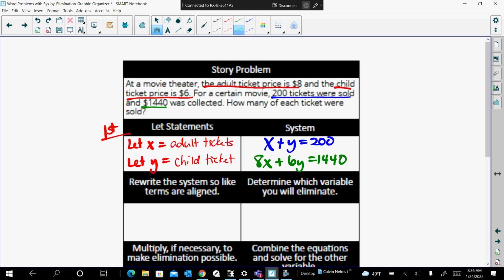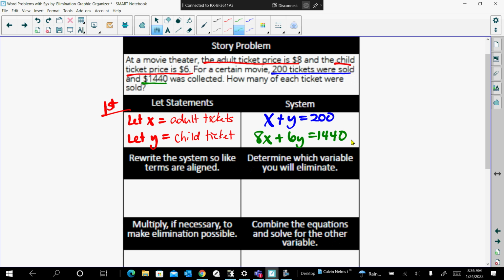So one is your total and one is dealing with the money. Okay, do we need to rewrite the system so the terms are aligned? Are x's lined up, y's lined up? Yeah, we don't need to do that.